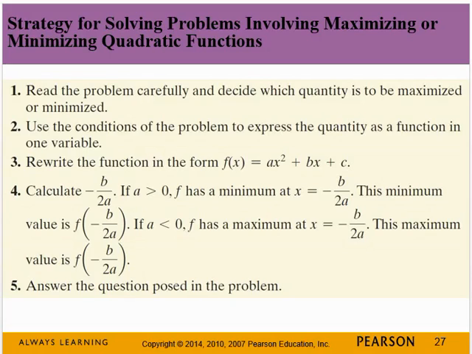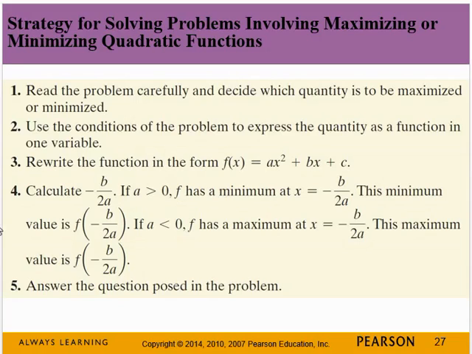So number 1, first step, read the problem carefully and decide what quantity is to be maximized or minimized. Step 2, use the conditions of the problem to express the quantity as a function in one variable. Rewrite the function in the form f of x equals ax squared plus bx plus c. Step 4 is to calculate negative b over 2a.